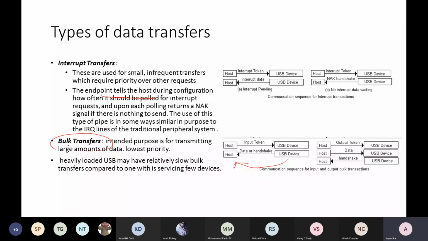It has the lowest priority, because generally we make bulk transfers either to store or to retrieve huge amounts of data when we are using USB as storage.